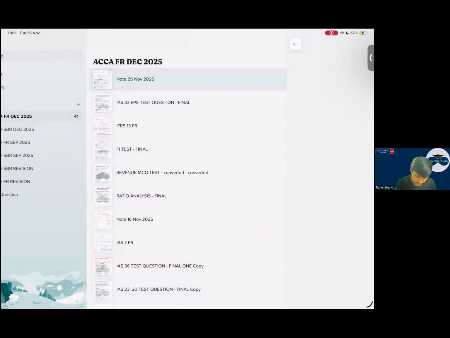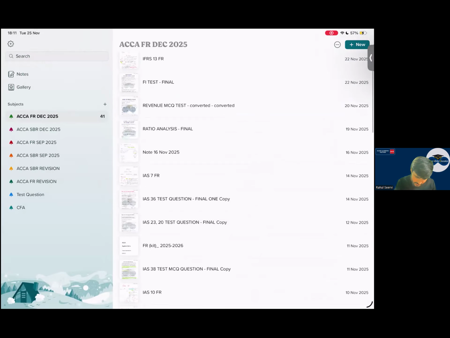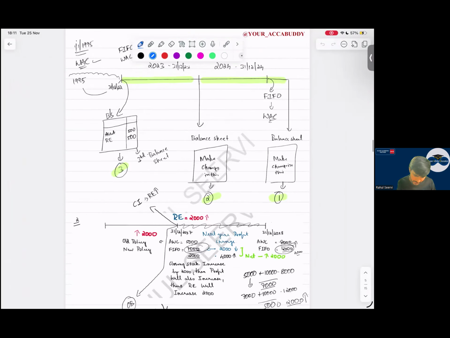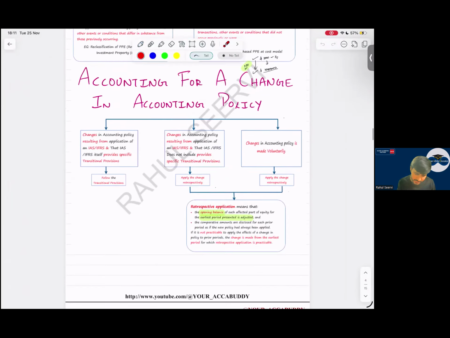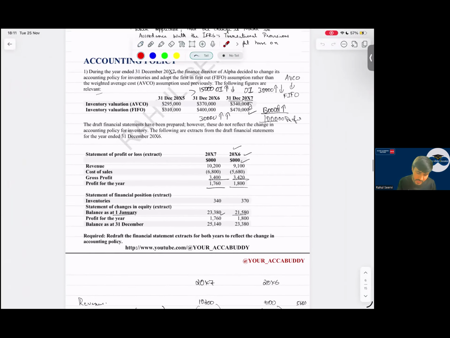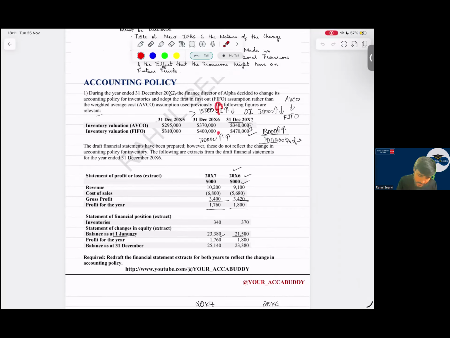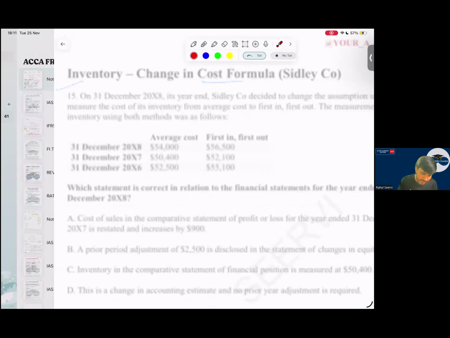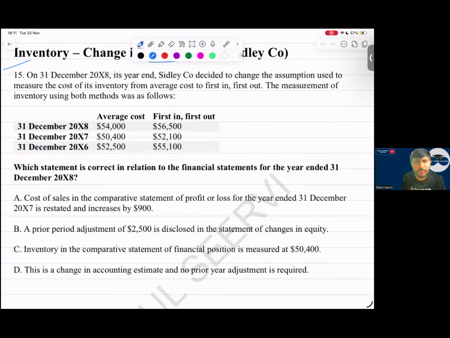If you remember, I mentioned this was the example which I had given you, and this was the question which we had done in the class. Sir, opening inventory will be affected, closing will be affected. Now let me explain the same thing here. So now let us first read the question, then come to it.